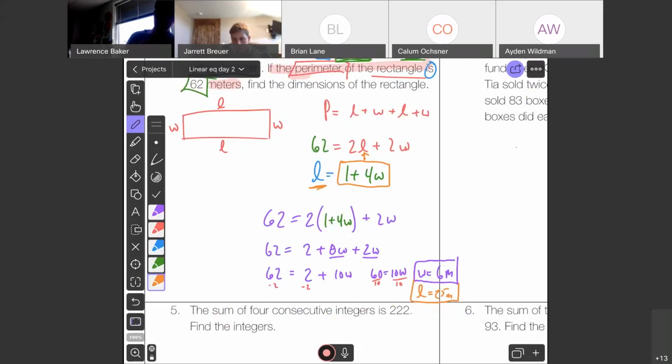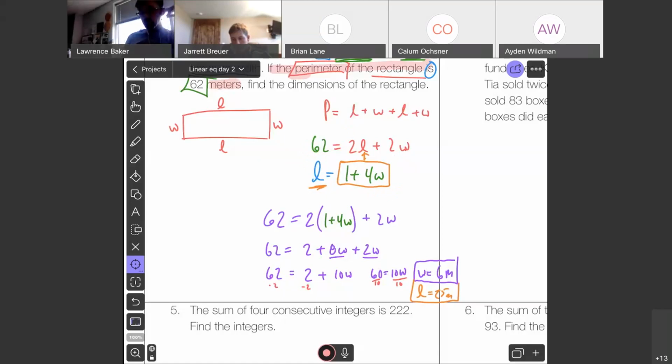Or you could have put the W back in the other equation. 2 times 6 is 12, so you take 12 away from 62. That gives you 50, and 50 divided by 2 is 25 also. So it doesn't matter which equation you plug it back into, you get the same answer. This one's the easier of the two, I would imagine. Don't forget to add your 1 here, Audrey.